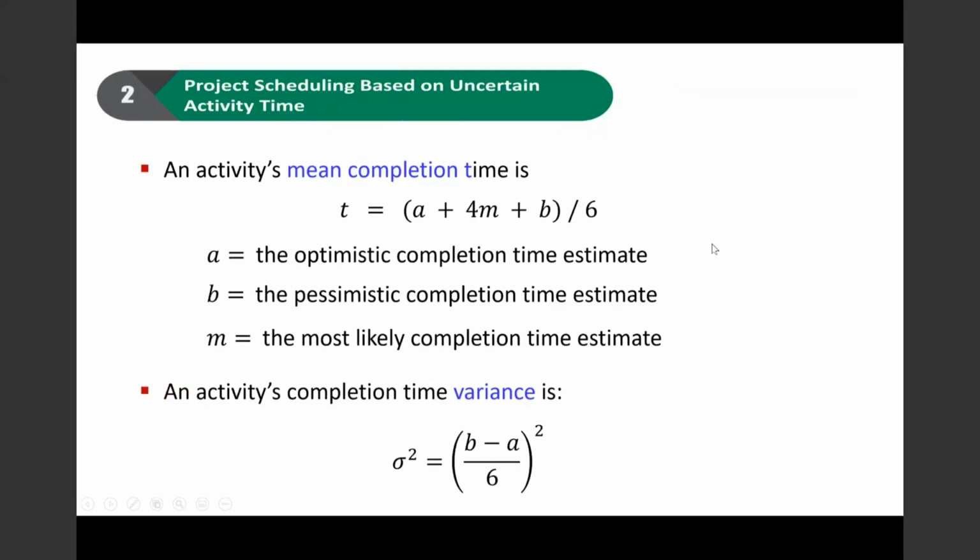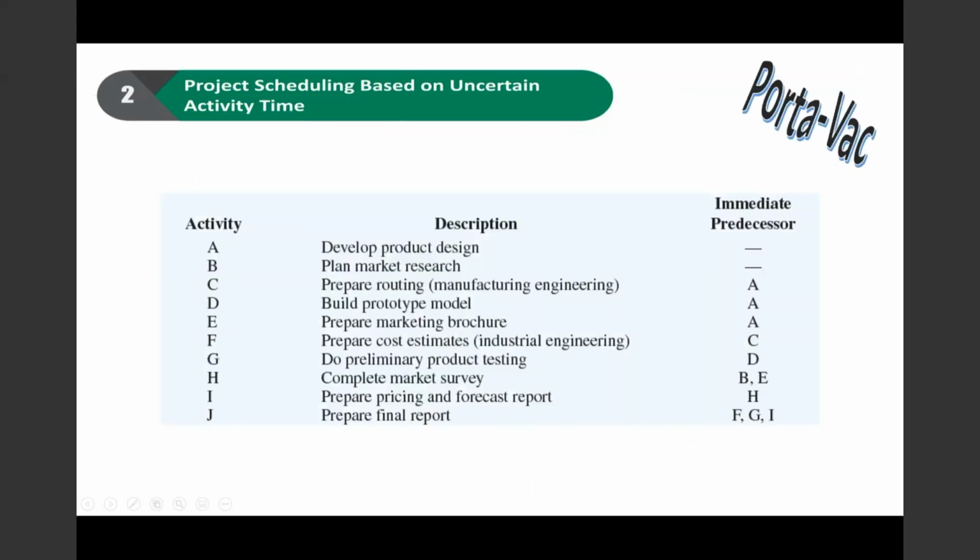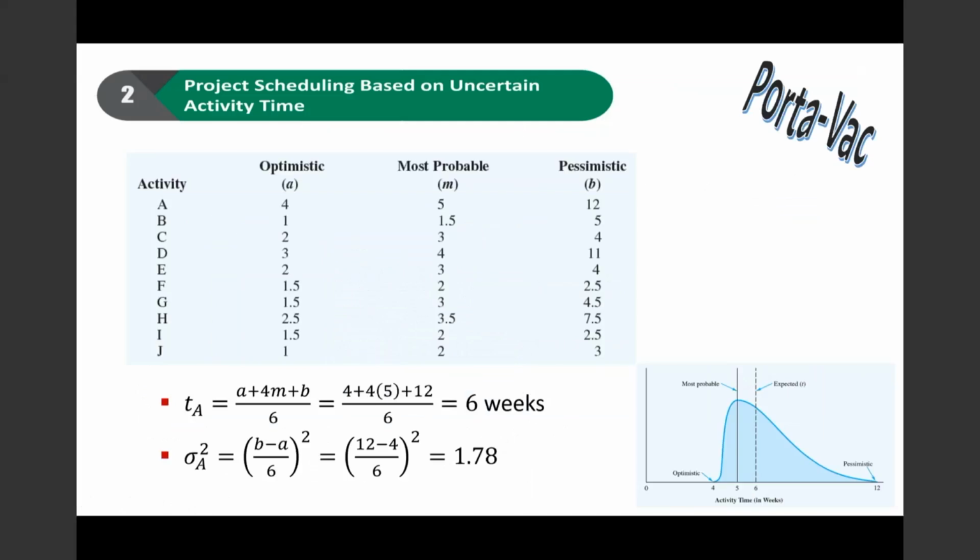If you're not quite sure of the time that a particular activity is going to take, in this kind of question they will give you 3 types of timing: an optimistic time, a most probable time, as well as a pessimistic time.